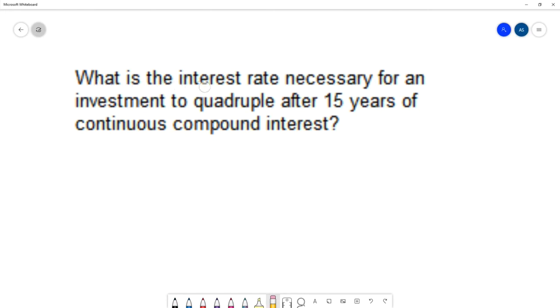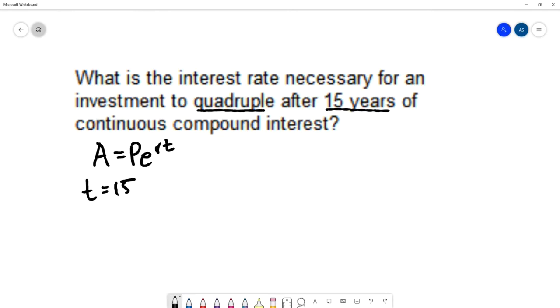What is the interest rate necessary for an investment to quadruple after 15 years of continuous compound interest? So we have continuous compound interest, so we're going to use the formula A equals P e to the rt. And we're given a time period of 15 years to quadruple.